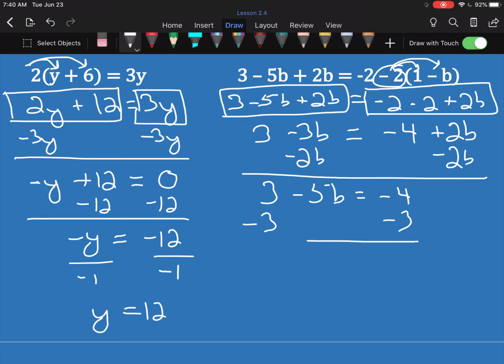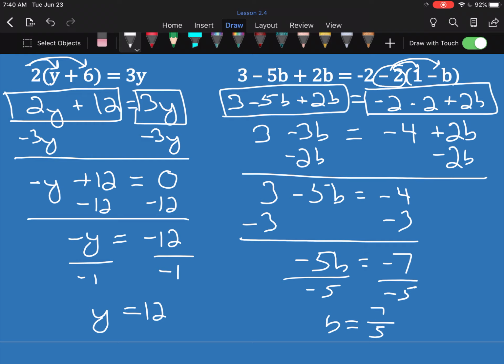Remember that 3 is positive. That'll leave us with negative 5b equals negative 7. And we will divide both sides by negative 5 to get b equals negative divided by a negative is positive, so it is just 7/5.